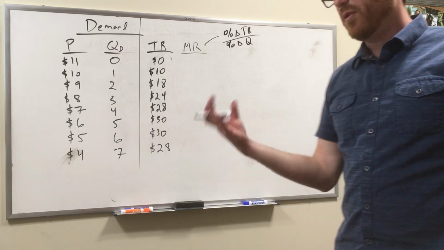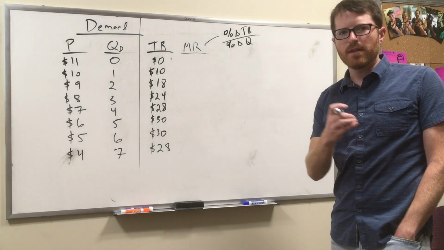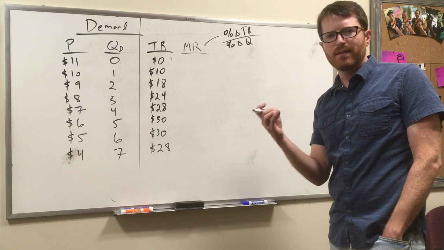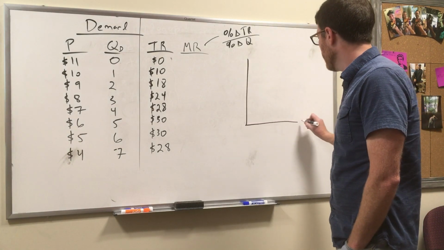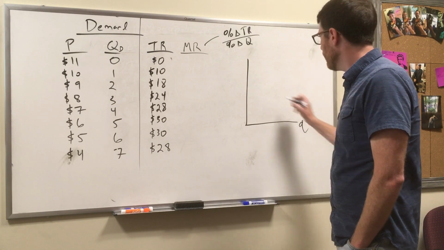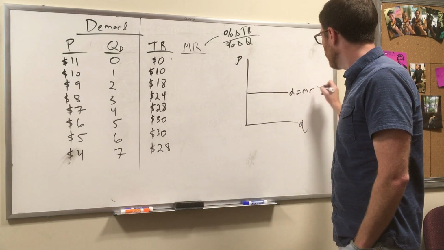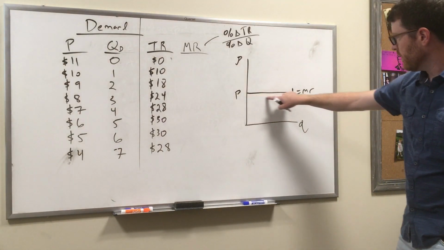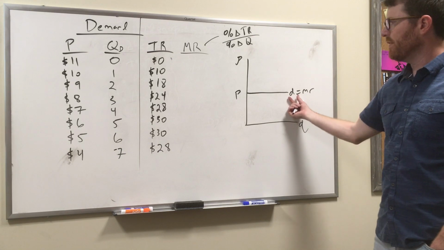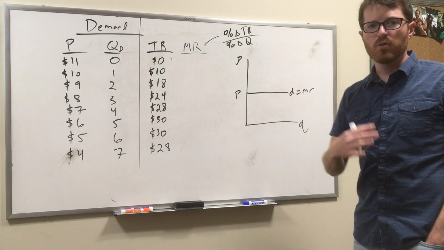Now when we were thinking about perfectly competitive firms, the price and the marginal revenue were always the same. You don't need to write this down because you've already been tested on it, but you might recall that when we graphed the perfectly competitive firm, we set it up this way, where the price was constant, the demand that the individual firm faced was constant, and thus the marginal revenue was constant.